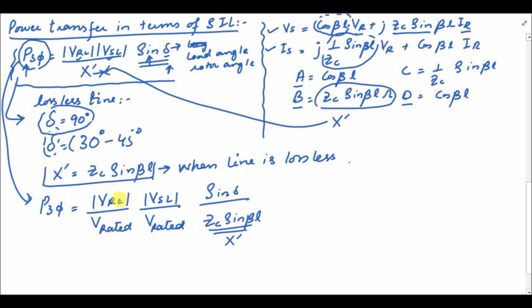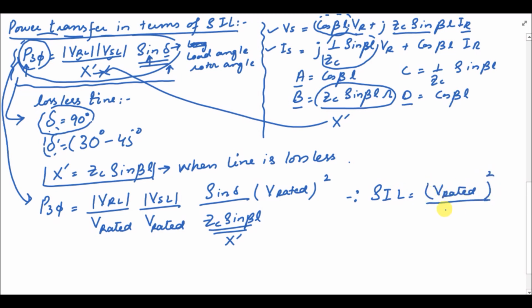In order to convert the receiving end voltage and sending end voltage into per unit values, we have divided them by V rated. So now we have to multiply by V rated square, so that the V square will cancel out with this one. So there is no change in the actual formula of P3 phase. From the previous lecture, we know that surge impedance loading is equal to V rated square divided by ZC.